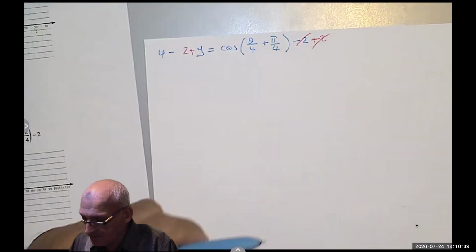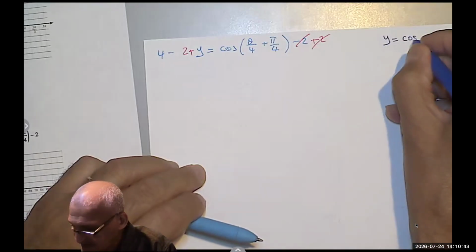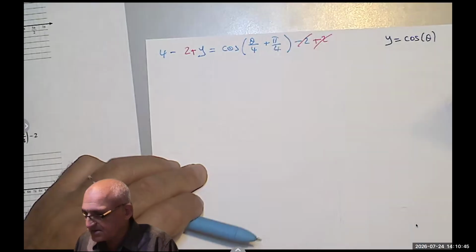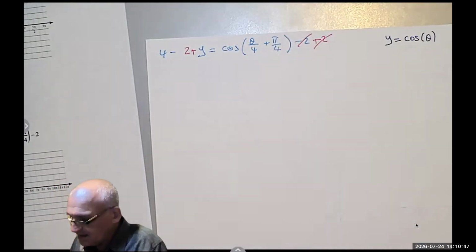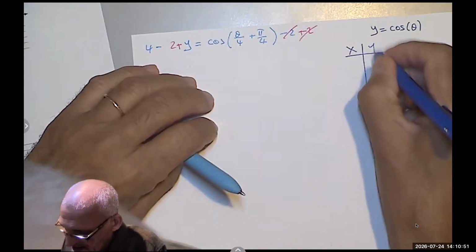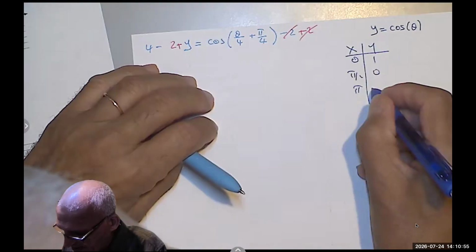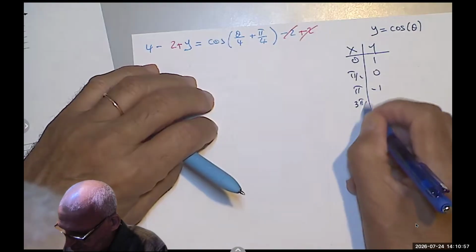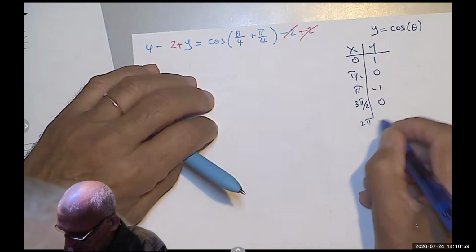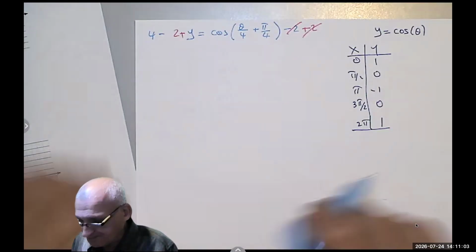And now my original graph only has cosine on the right-hand side, and this one also has cosine on the right-hand side. If I want to do the x and y quickly, I get 0, 1; pi over 2, 0; pi, negative 1; 3 pi over 2, 0; and 2 pi, 1. That's basically the parent function.